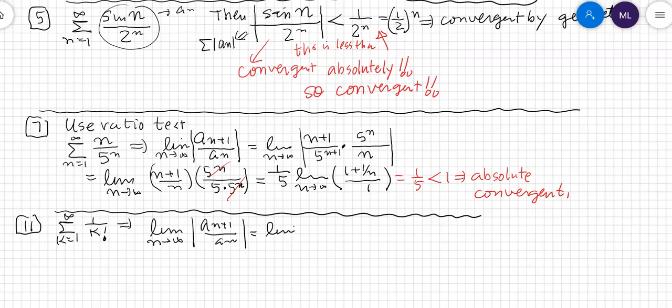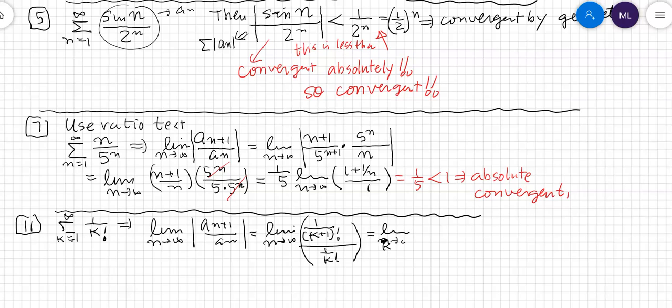That is the limit of 1 over k plus 1 factorial over 1 over k factorial. Basically, that's what it is. I should say k, not n. But you know what I'm talking about, right? So this is k.